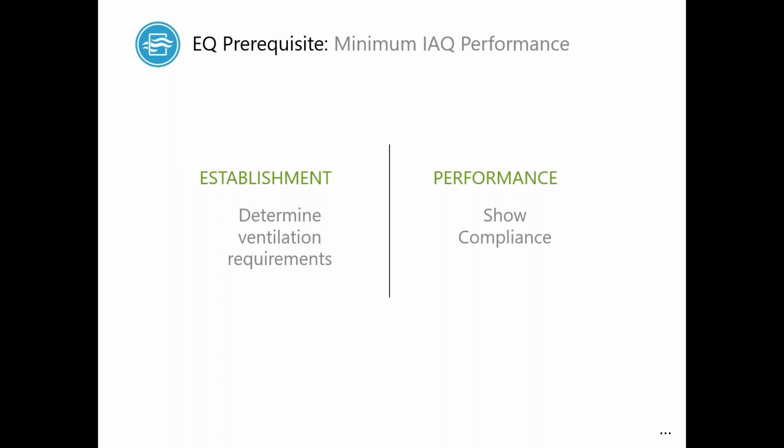For our performance, we're going to show that compliance, and we want to take measurements at the system level. We want to make sure that we've designed our building correctly and that it's operating as intended. A good one to remember is ASHRAE 62.1.